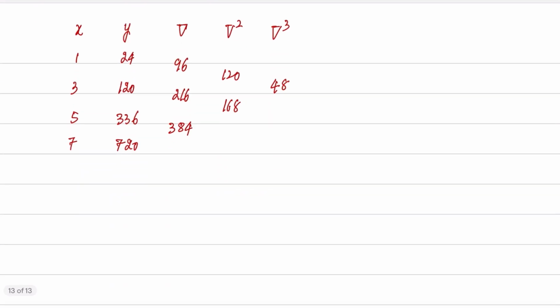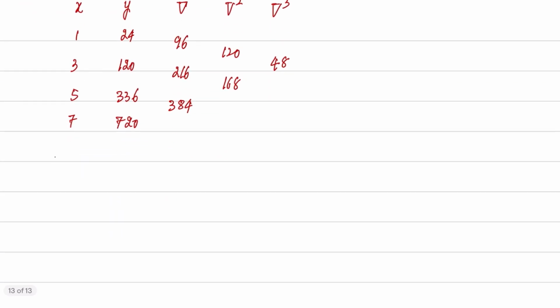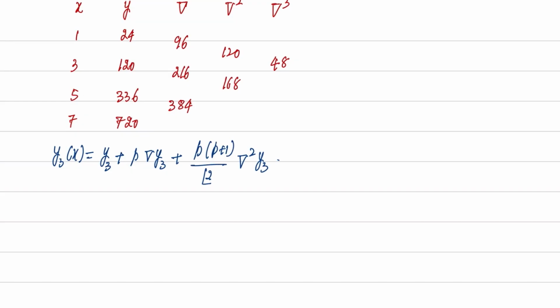Now Newton's formula will be, therefore y3 of x is equal to y3 plus p delta y3 plus p into p plus 1 divided by 2 factorial delta square y3, then plus p into p plus 1 into p plus 2 divided by 3 factorial delta cube y3.